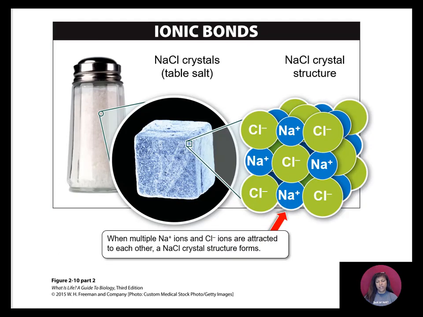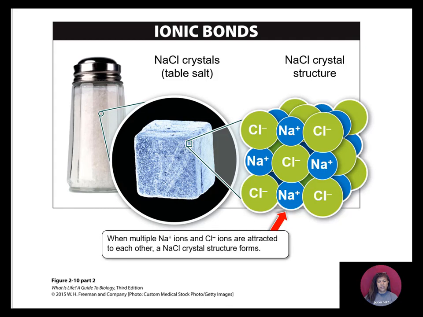And when we think about the ionic bond, the molecule that we think about the most is the one that we use every day and that our bodies need, which is sodium chloride. And when we get this bonding with sodium and chloride, it makes that very familiar crystalline structure that we call salt.